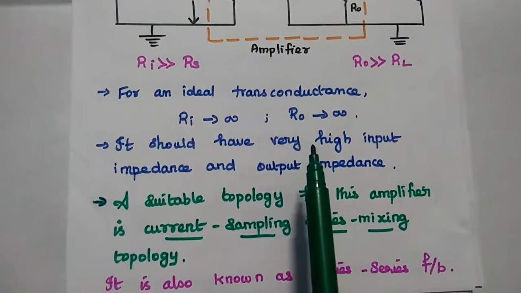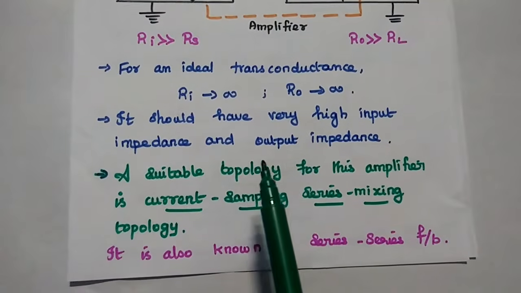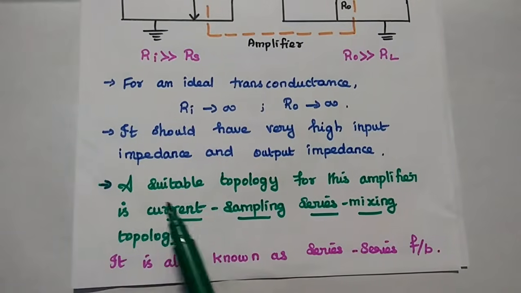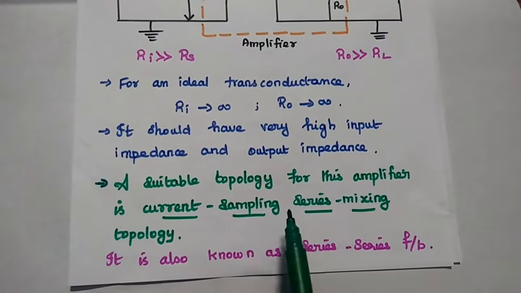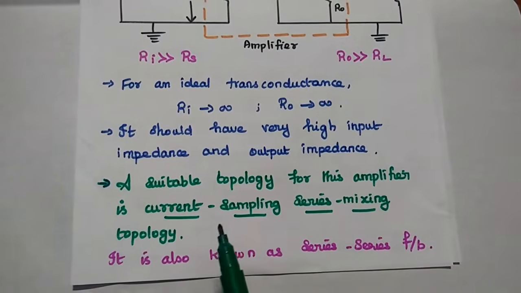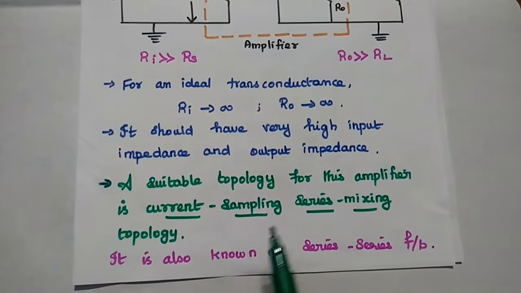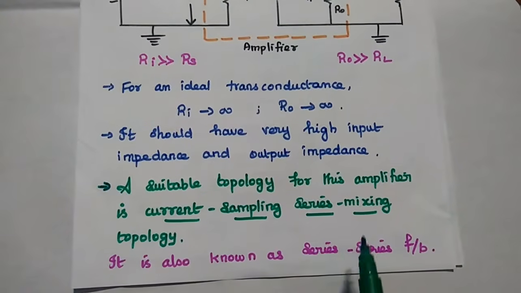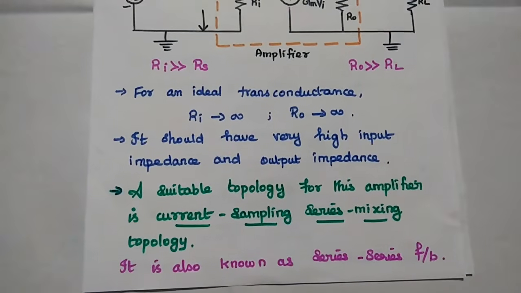In order to satisfy this condition, we can select a proper feedback topology for this amplifier. Here a suitable topology is current sampling series mixing topology. It is also called the series, current means series feedback topology. So this topology can provide high input impedance as well as high output impedance.